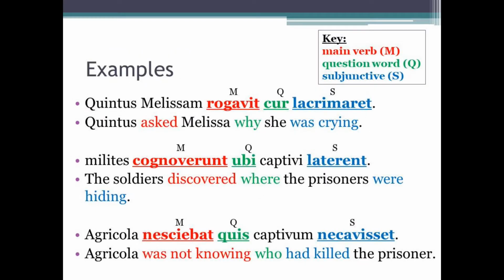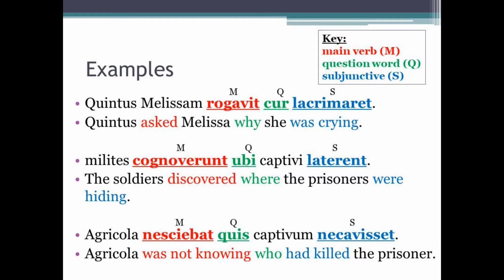Okay, so as always, it's time to tackle a few examples. Quintus Melissam rogavit cur lacrimaret. Quintus asked Melissa why she was crying. Milites cognoverunt ubi captivi laterent. The soldiers discovered where the prisoners were hiding.